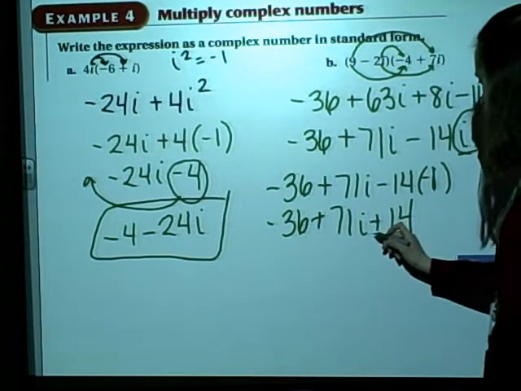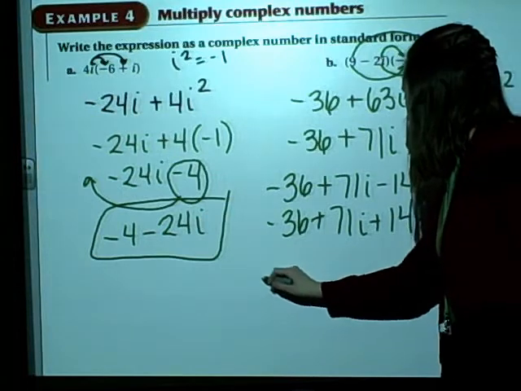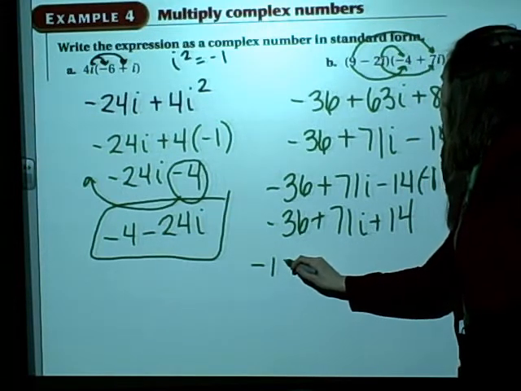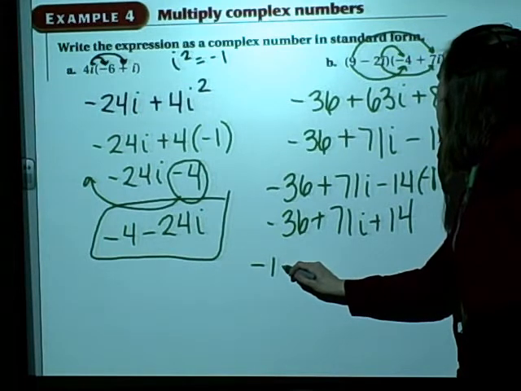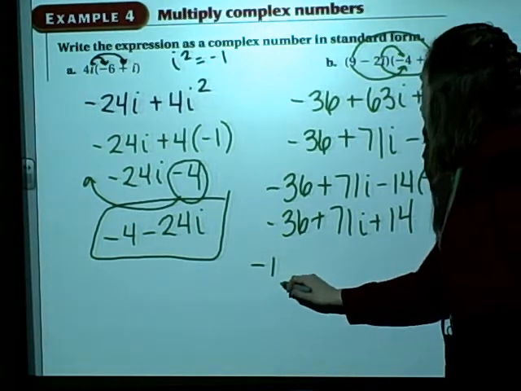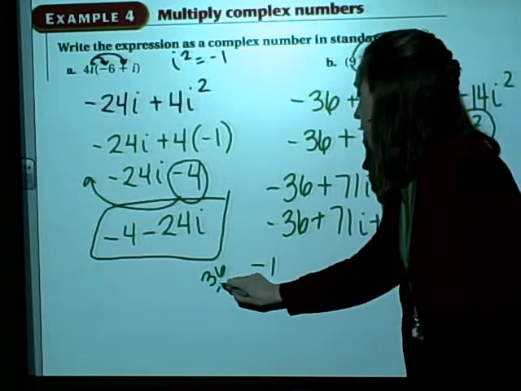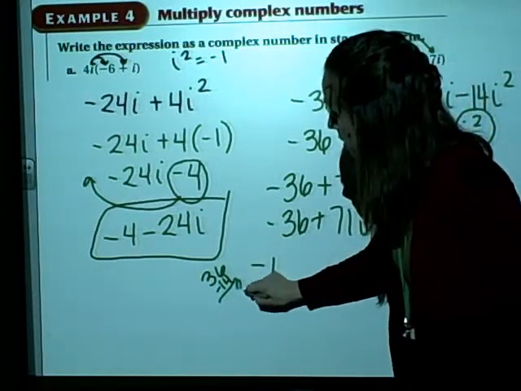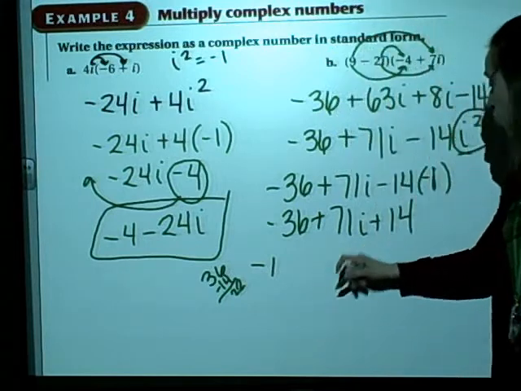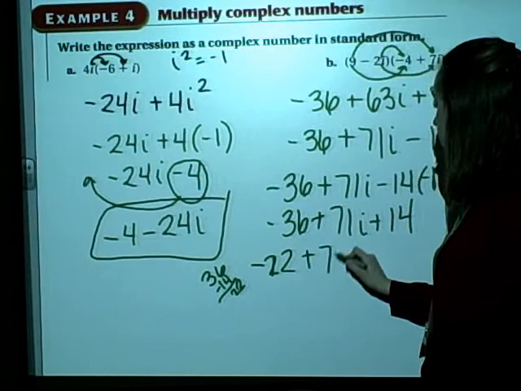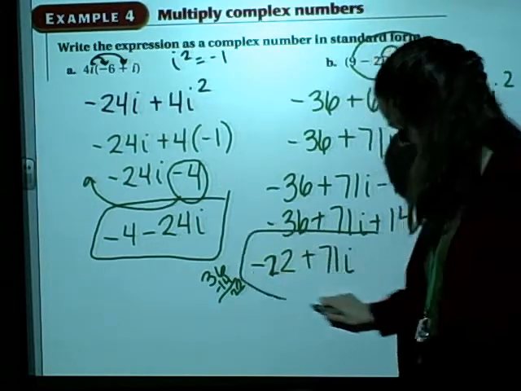Here we get negative 22. Yep, negative 22 plus 71i.